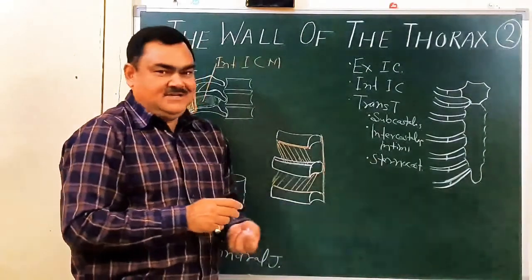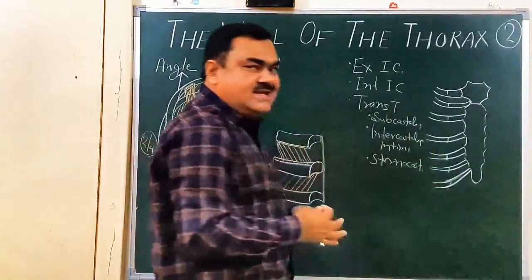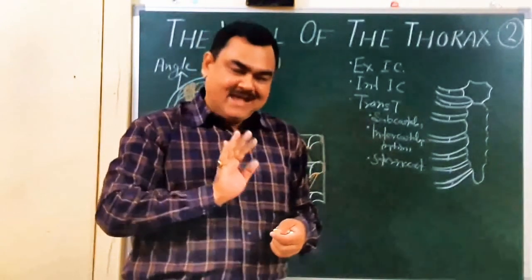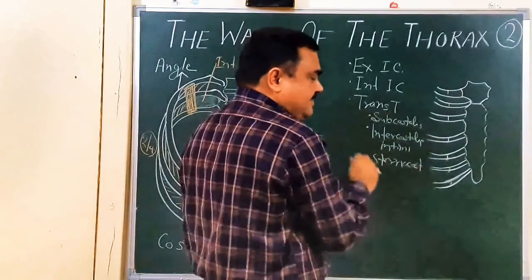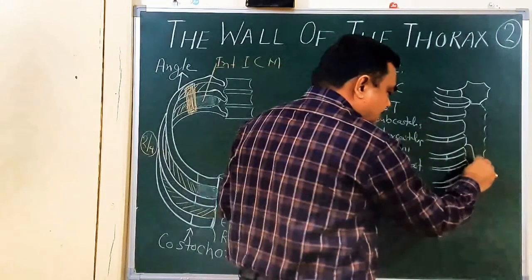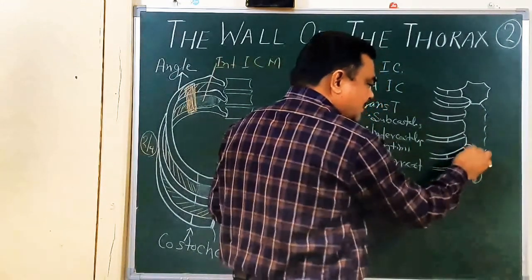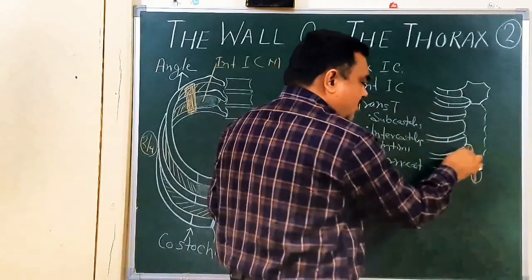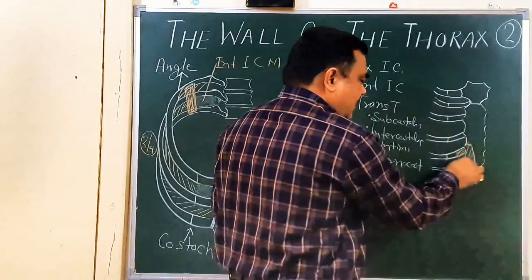Another muscle is sternocostalis. You can see here in this diagram, this is posterior surface, not anterior surface. You are seeing from the back side, from posterior side of the sternum and the ribs. It takes origin from lower 1/3 of the posterior surface of the sternum, xiphoid process, and also the costal cartilage.